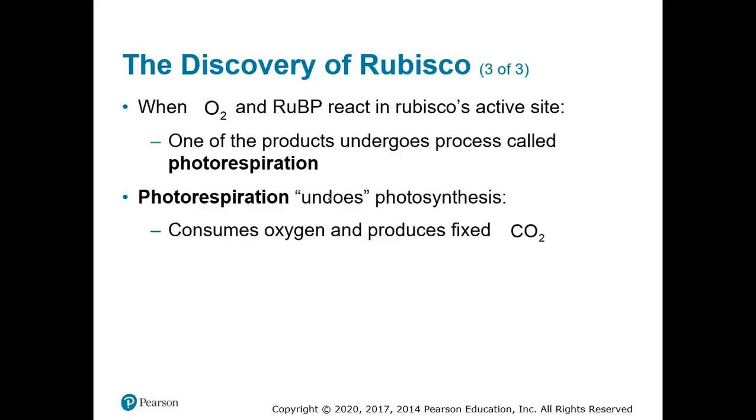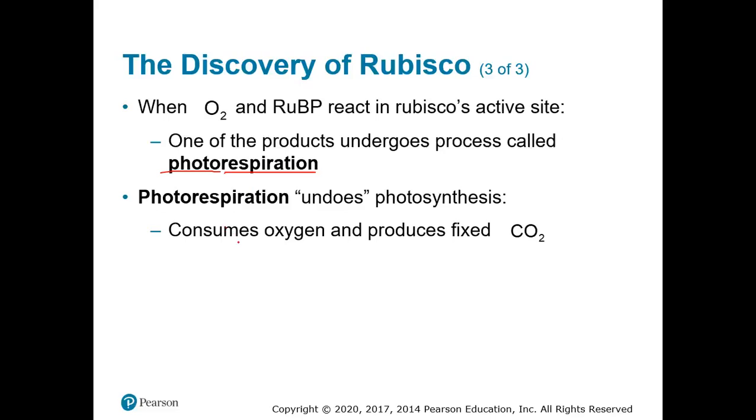Now, oxygen and RuBP, when they react with Rubisco, we call this process photorespiration, light and respiration. Now, the reason that this is so bad is because photorespiration basically undoes photosynthesis.